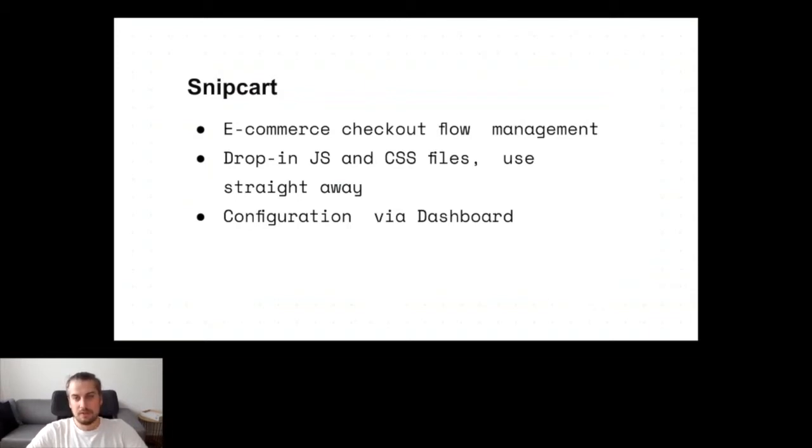All you need to do is drop in a JavaScript and a CSS file from the Snipcart CDNs, and you will just have an entire e-commerce checkout flow ready for you, which is highly customizable. And this customization or configuration can be done using the dashboard of Snipcart. Again, this is something that we're going to show you once we get to the actual application.